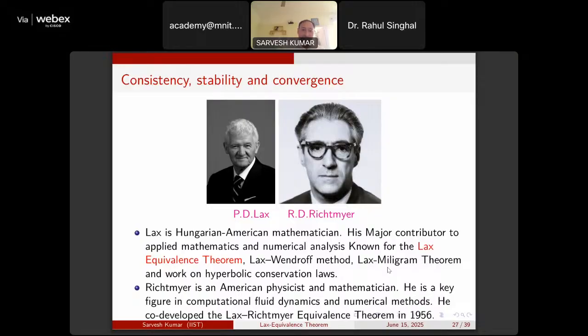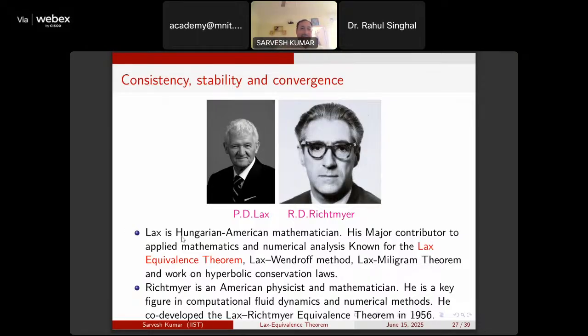Then you might have heard about the Lax-Wendroff theorem and the Lax Equivalence theorem. So Lax contributed a lot to applied mathematics, and there are several applications. Richtmyer contributed to this Lax Equivalence theorem, which we call the Lax-Richtmyer theorem today.